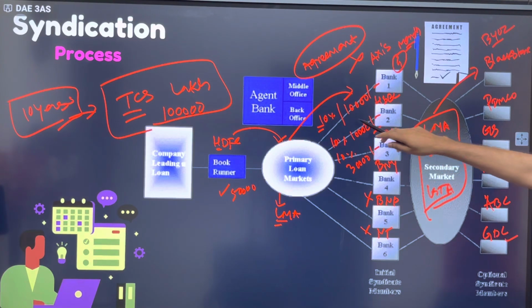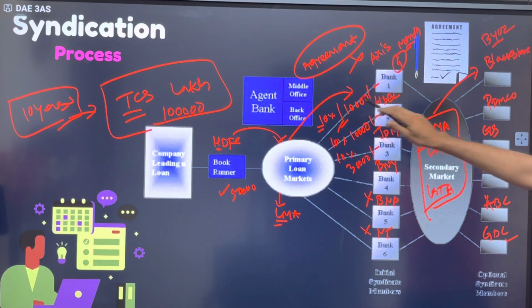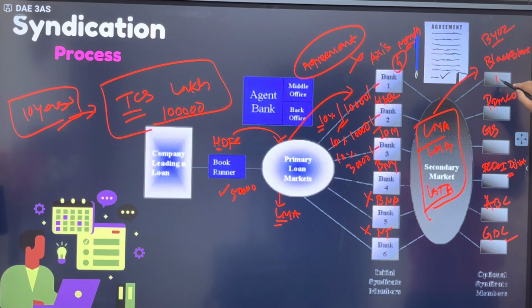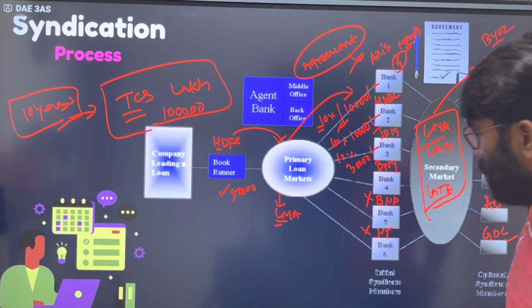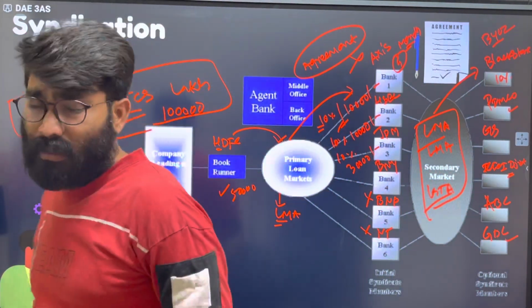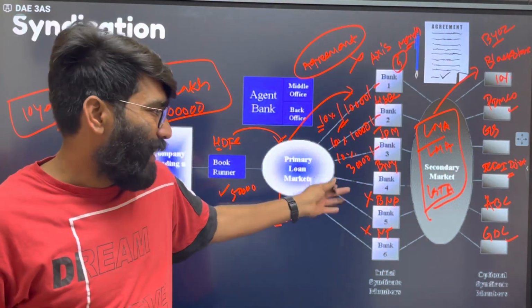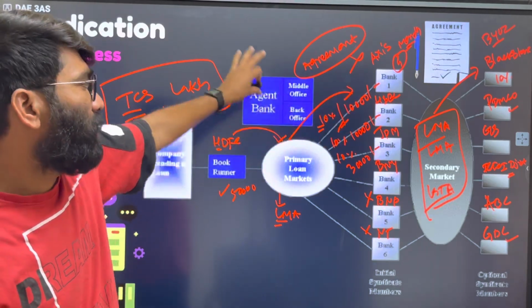So they will be the seller, and if the same Blackstone and all agree with the 10% with whatever component and principal, then Blackstone, PIMCO, GS will purchase the loans through the LMA and LSTA market, and then HSBC, JPM and other institutions, or even HDFC, will be the seller here. They'll sell the loans in the market and they'll take the exit.